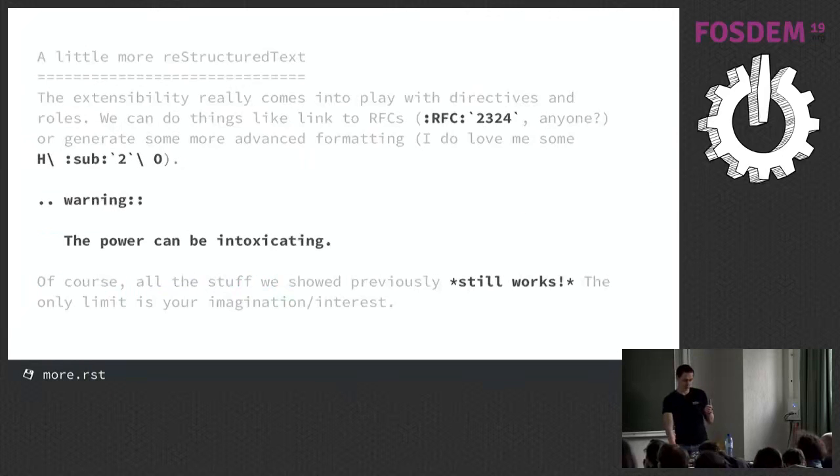Roles are inline things that you commonly use for cross-referencing other documents, cross-referencing terms, that kind of thing. Directives are something you can use to generate code or generate documentation from code, transform documents, whatever the hell you want to do. Very, very powerful functionality.